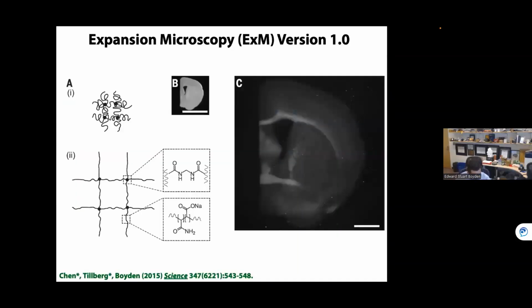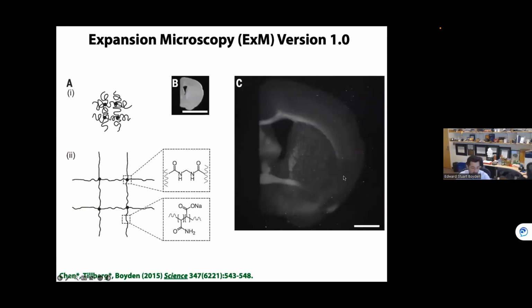So we announced this discovery that we could physically expand biological specimens in 2015. This was done by 2 then graduate students in my group, Fei Chen and Paul Tillberg. In panel B is a pretty large piece of the mouse brain, several millimeters on a side.